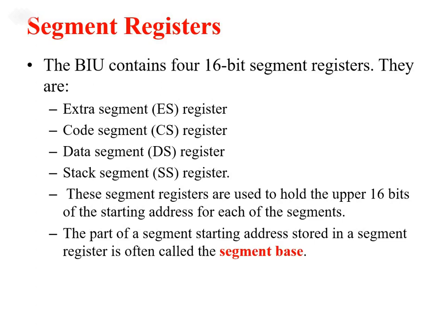The part of the segment starting address stored in a segment register is often called the segment base, right? All the 4 segment registers are used to store the upper part of the address, which will be the base address of that segment.